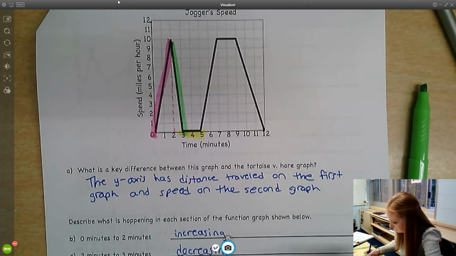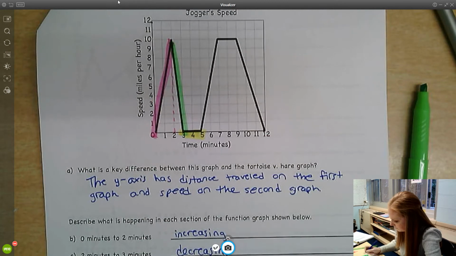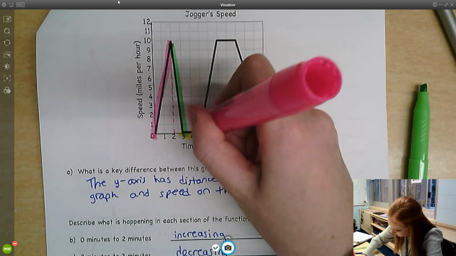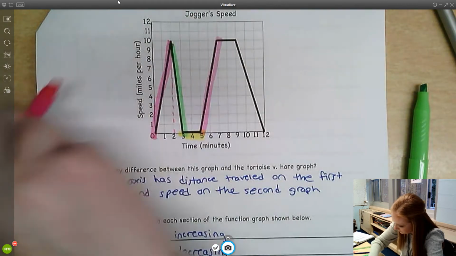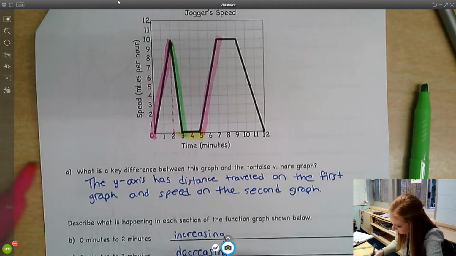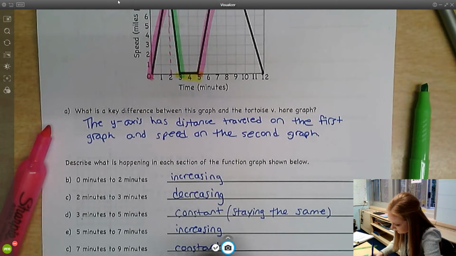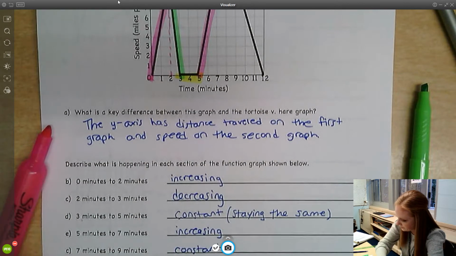Staying the same. From 5 to 7, increasing again. From 7 to 9, we have constant again. And then decreasing.